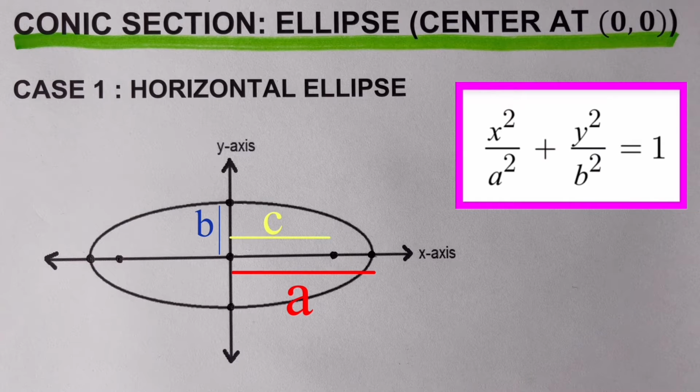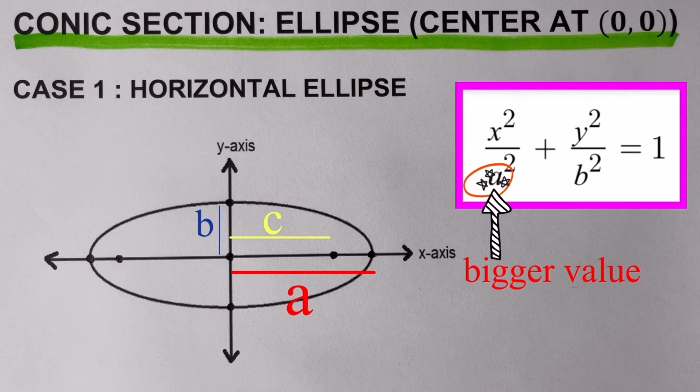Now, notice that our a is the longer value, because this is actually half of the major axis, which is the longer diameter. Notice that a is the denominator of x squared. This means that if the denominator of x squared is bigger compared to the denominator of y squared, then we have a horizontal ellipse.